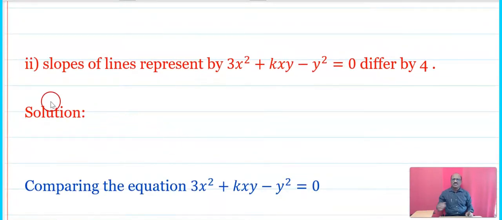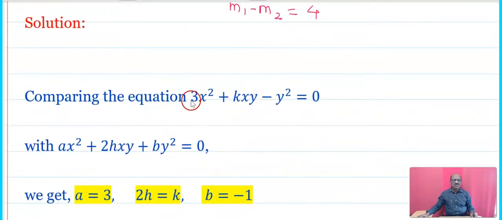Next problem. Slopes of the lines represented by 3x square plus kxy minus y square is equal to 0 differ by 4. Find the value of k. Their slopes differ by 4 means what? You have been given the value m1 minus m2 and that is equal to 4.